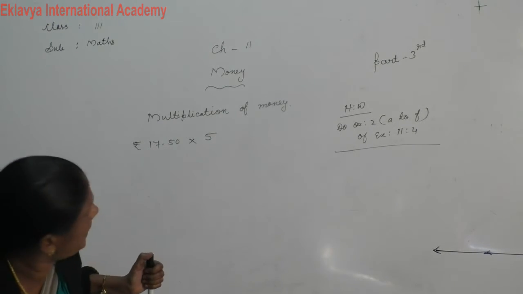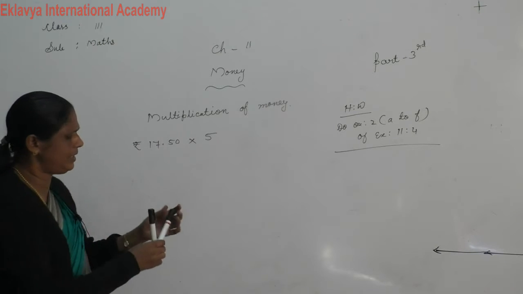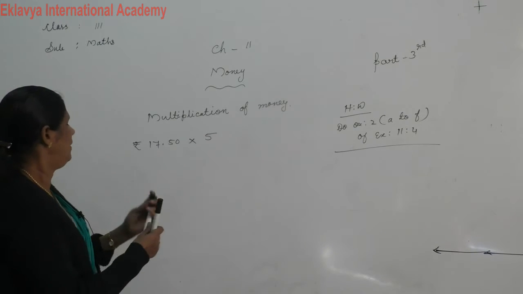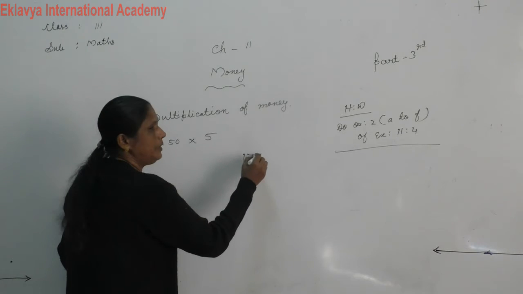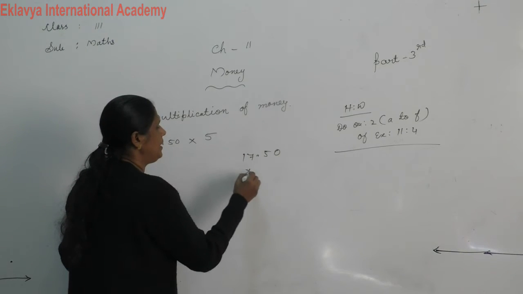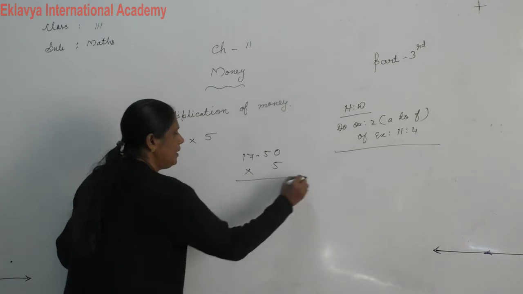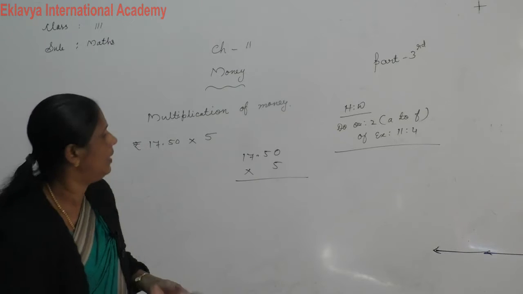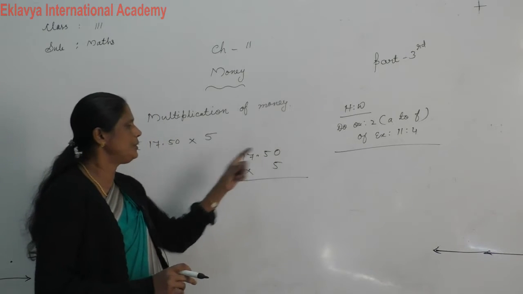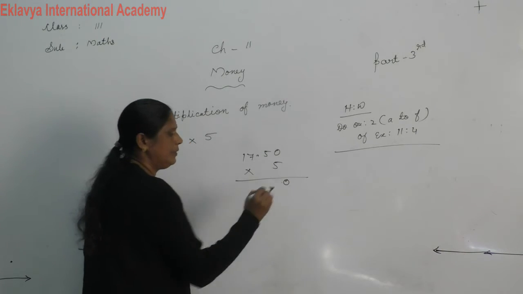Now we multiply this. 17.50 multiply 5. 5 times 0 is 0.